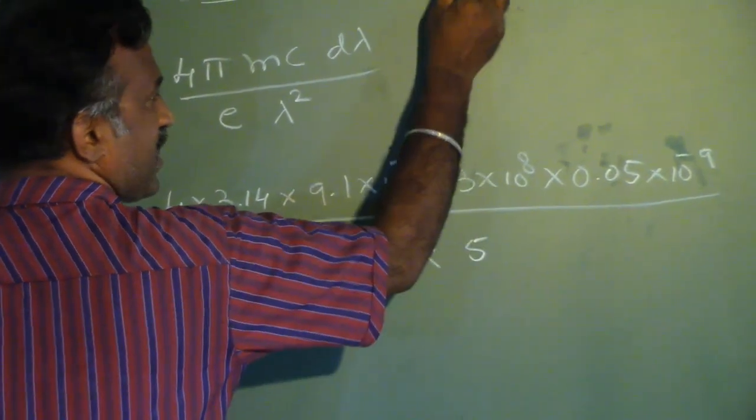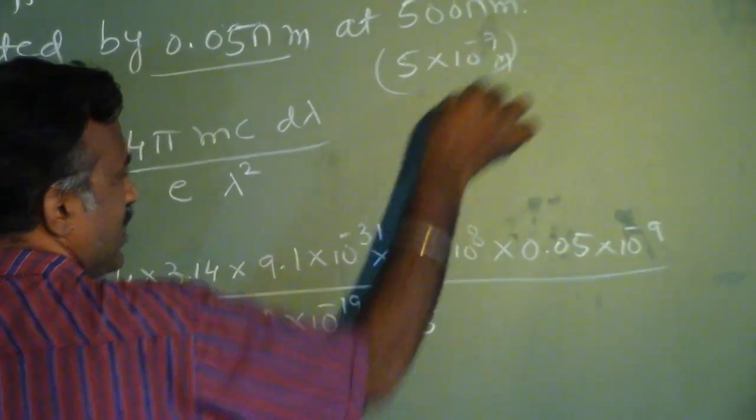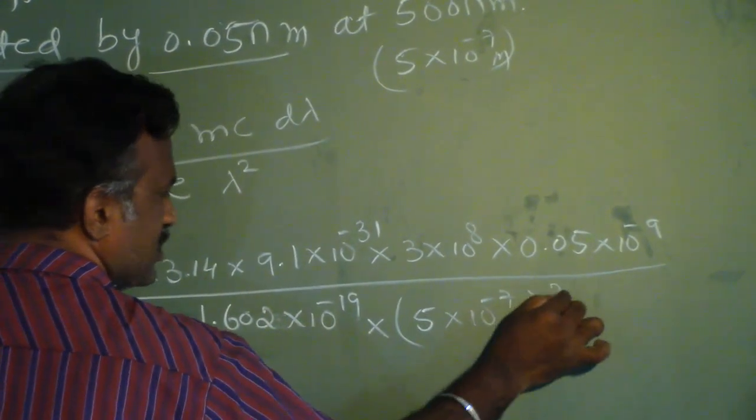I will write this 500 nanometer as 5 into 10 to the power of minus 7 meter, such that the simplification will be easy, lambda square.